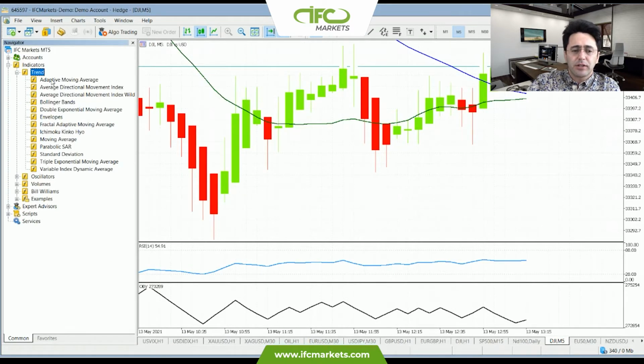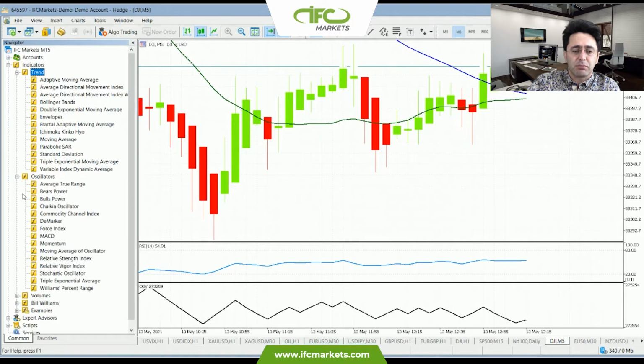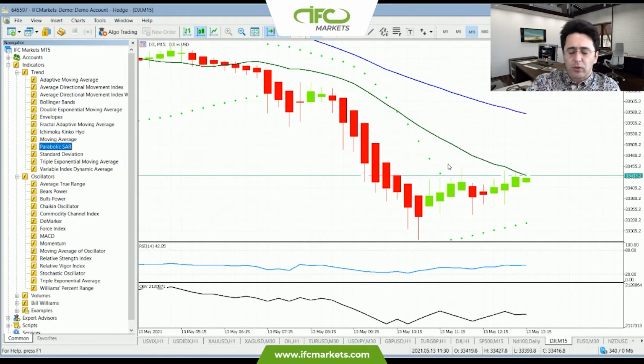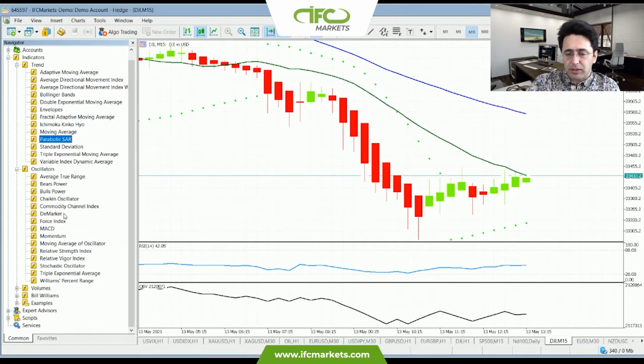Any of these technical indicators have a different meaning and a different use. You can bring them, for example Parabolic SAR, onto your chart and find what they tell you in different time frames. So set the goals, learn technical indicators. This is the first step of your research.